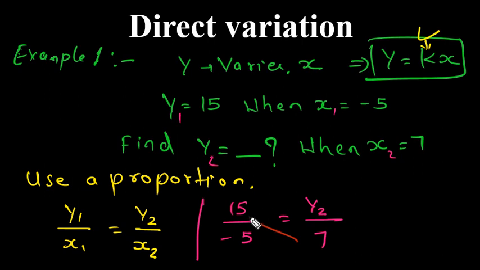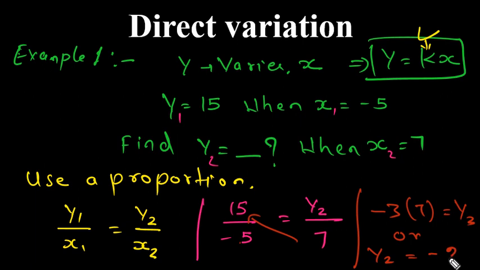So 15 divided by -5 will give you -3, and this 7 will come here as a cross product, so y2 equals -21. As you can see, in both ways we are getting the same answer.